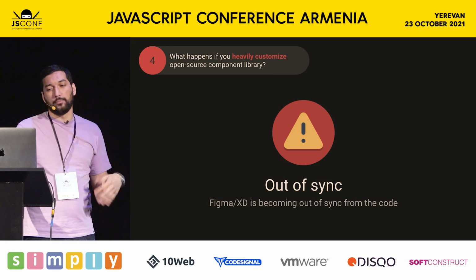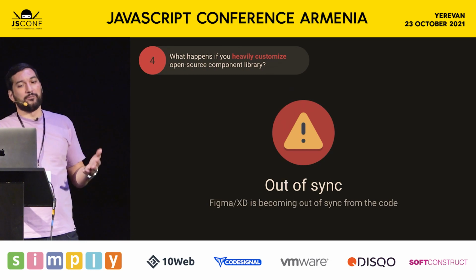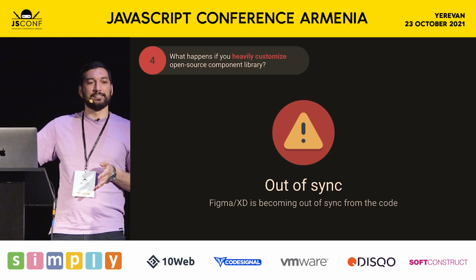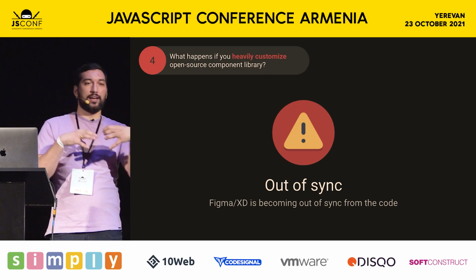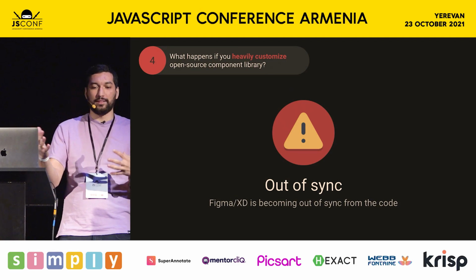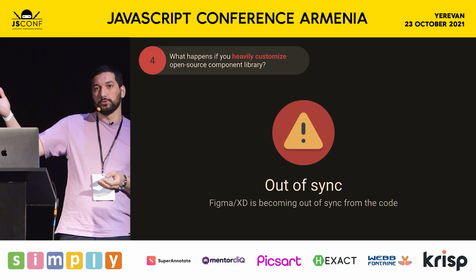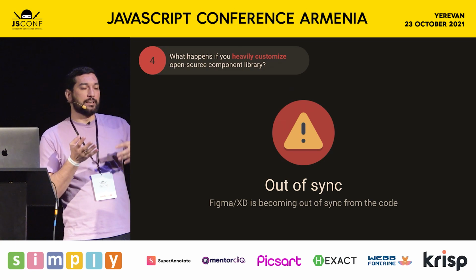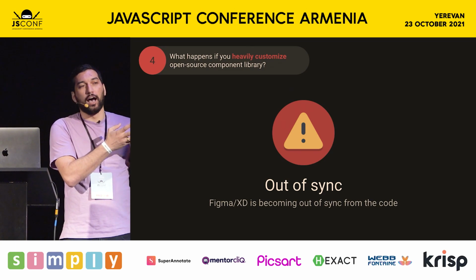And because of that, your code becomes out of sync with what the designer has. In the beginning, designers and developers work together to make sure that what you have in design tools like Figma or Sketch aligns nicely with what you have in code.